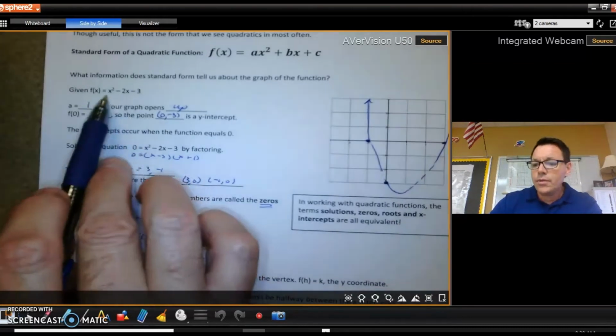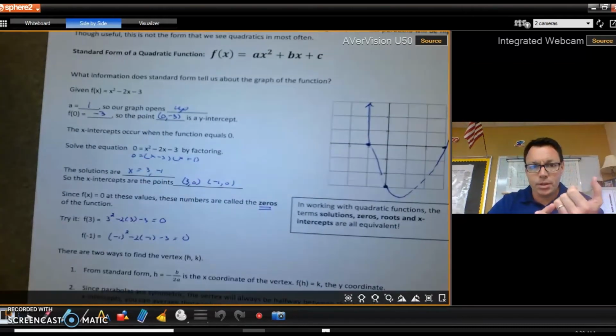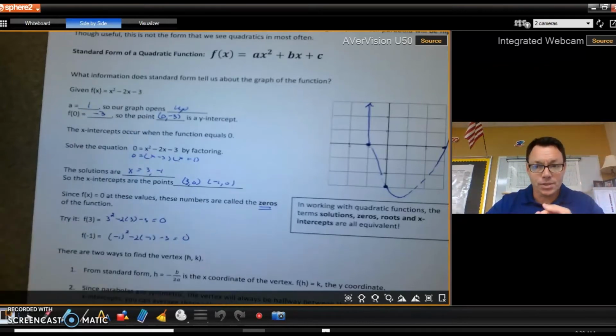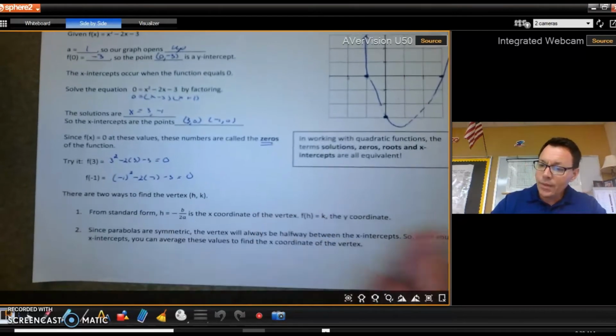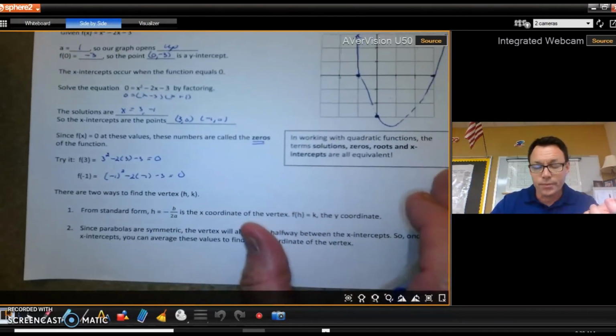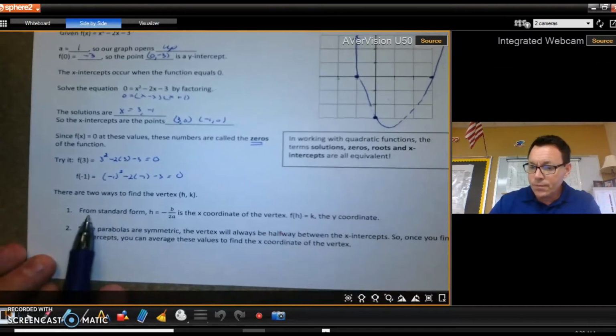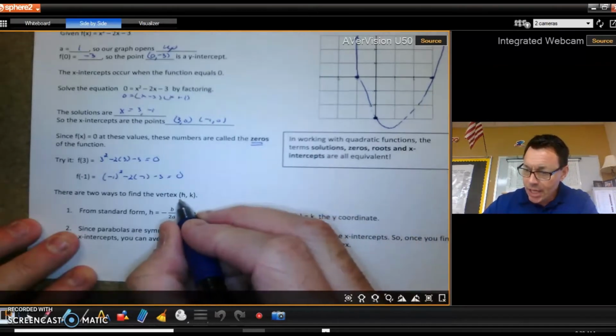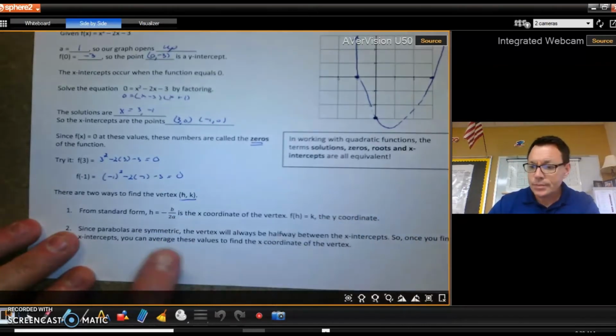Okay, so this standard form told me which way the parabola opens. It tells me what the y-intercept is, and then if I factor that, I can also tell what the x-intercepts are. Now, this vertex down here, you can find one of two ways. First off, there's a formula for it. From standard form, h, so again, there was this (h, k), that's your vertex. h is negative b divided by 2a.